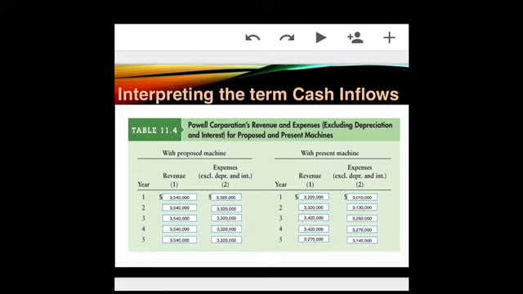They still want it for 5 years, but the revenue fluctuates and the expenses fluctuate as well. So this table basically shows what a company will do when they want to get a new machine. They will try to calculate whether this machine will benefit them or not.